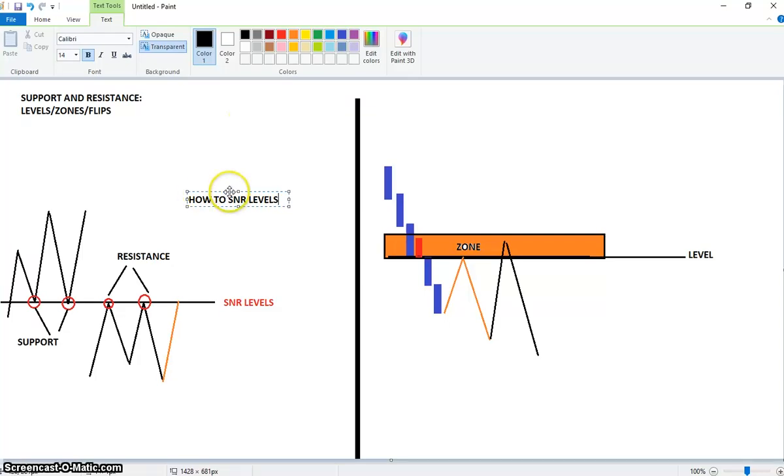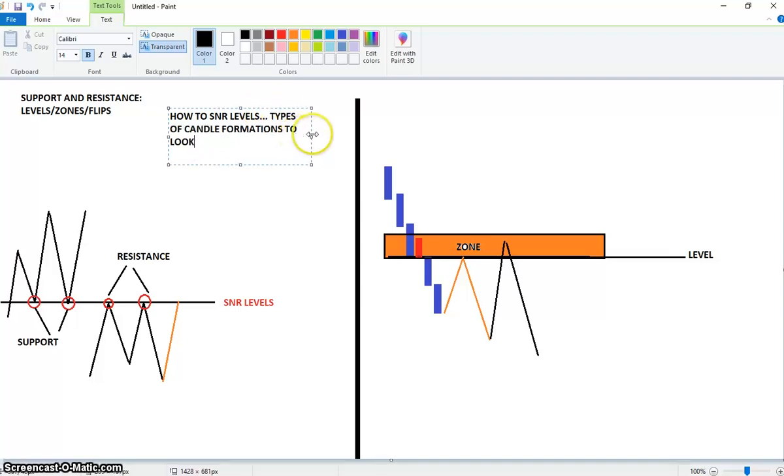Things or types of candle formations to look at. You understand? Looking at candle formations to look at.